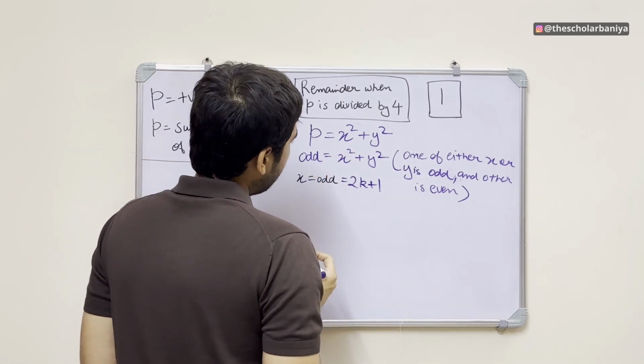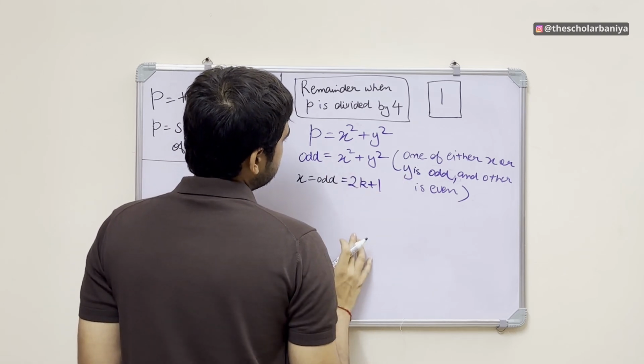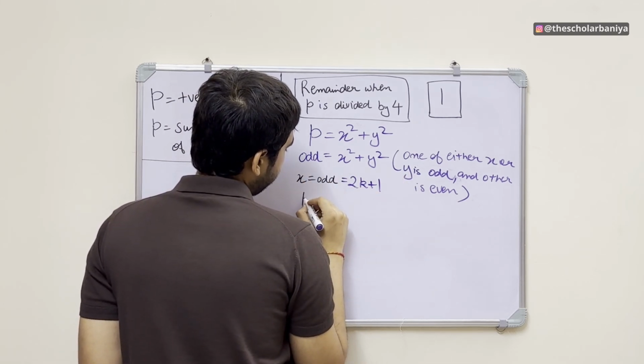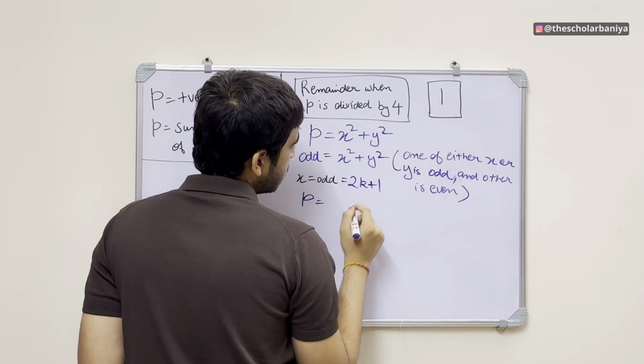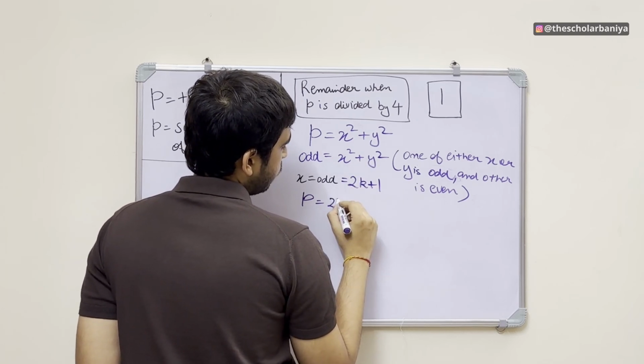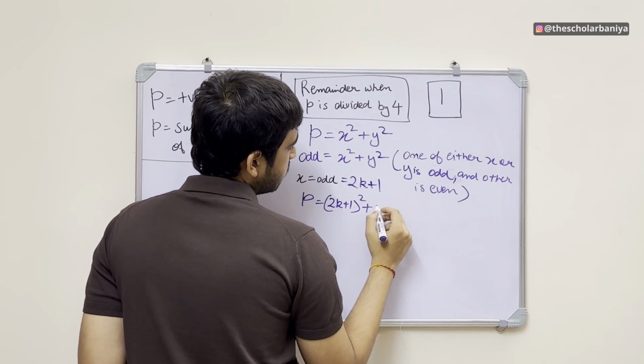So now let's add these things. So p is equal to 2k plus 1 square plus y square.